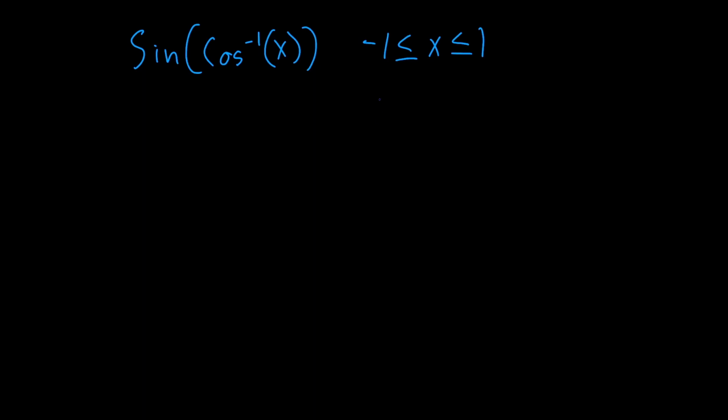So the reason this interval is important is arc cosine is only defined over -1 to +1. I'm going to solve this one out two different ways. I'm going to solve it with trig identities, and I'm going to solve it with a triangle. So let's do the triangle version first.